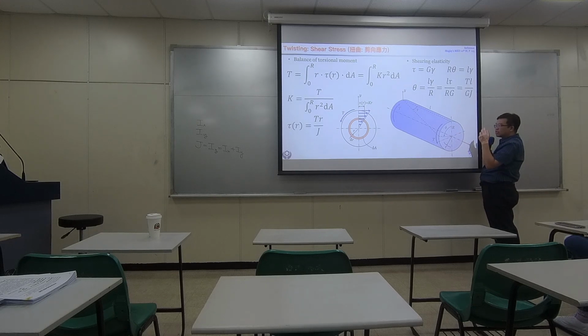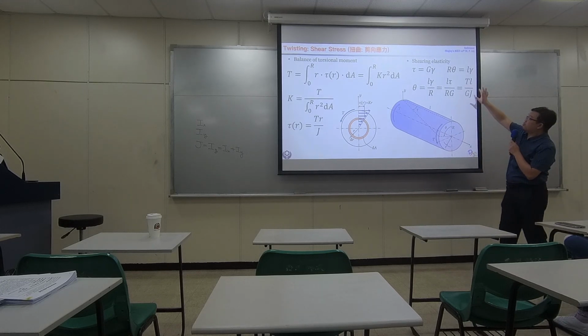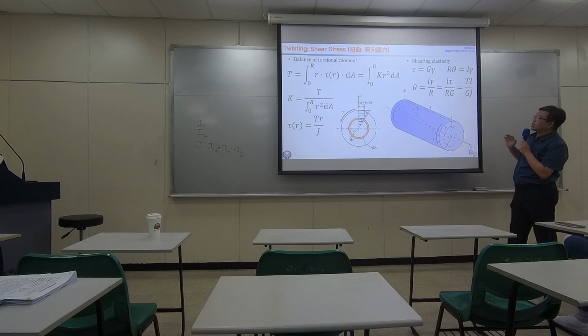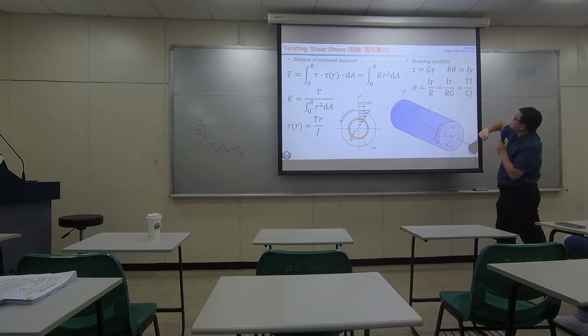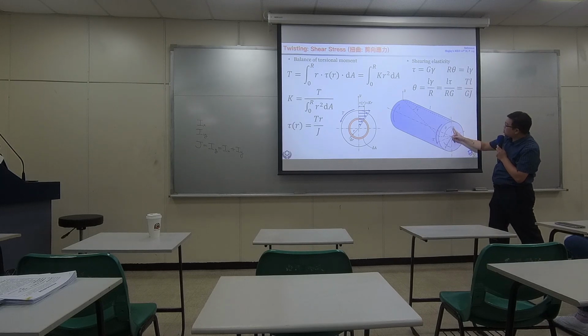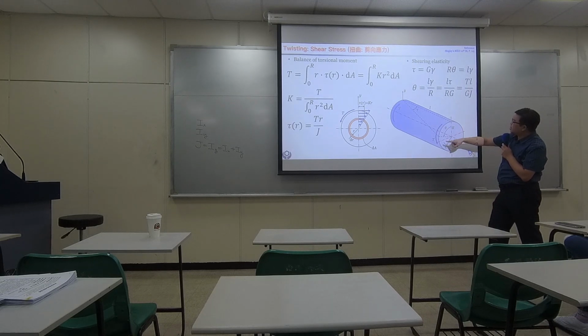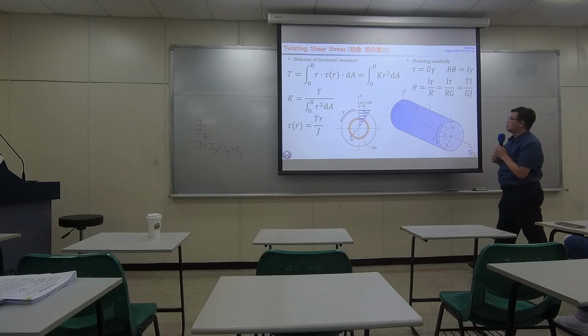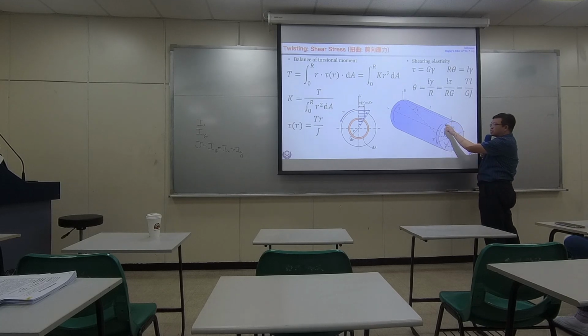So sometimes we are interested in how large this theta is. So over here is for the calculation of theta. So what are r theta and L gamma? r theta is this arc length, that's no issue.